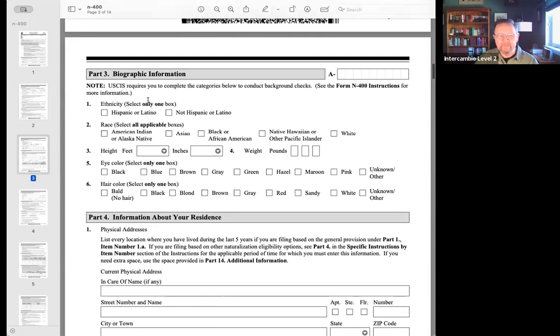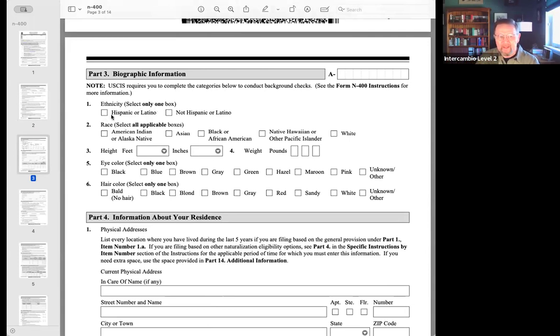Biographic information, ethnicity and race. Ethnicity means they're interested to know if you're Hispanic or Latino or you're not.